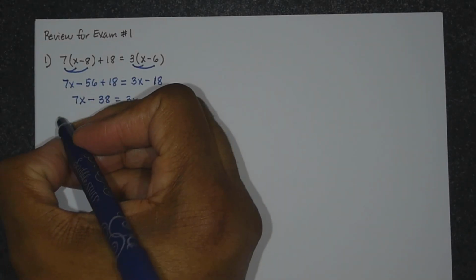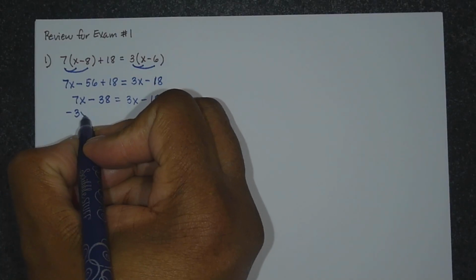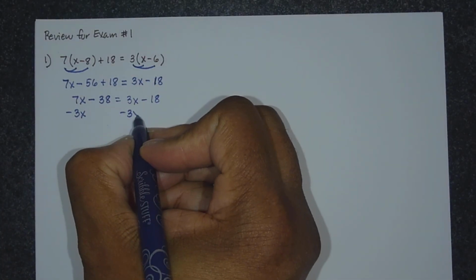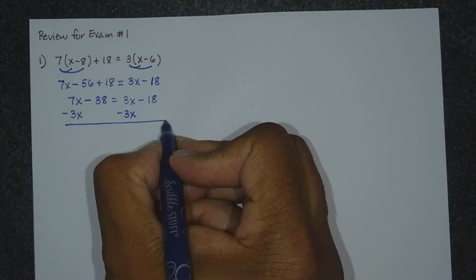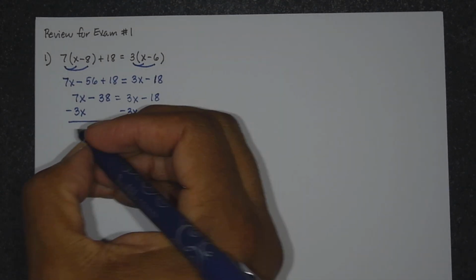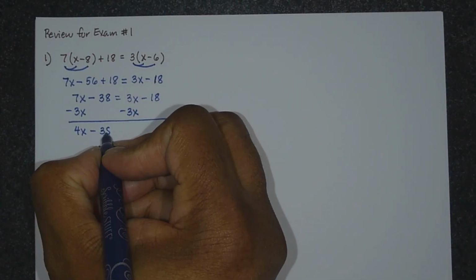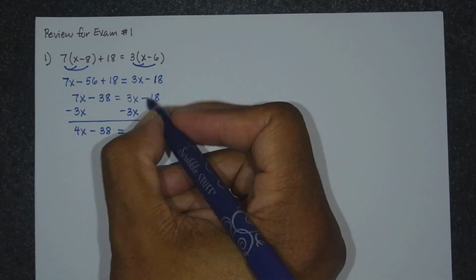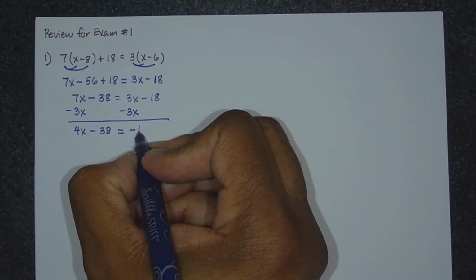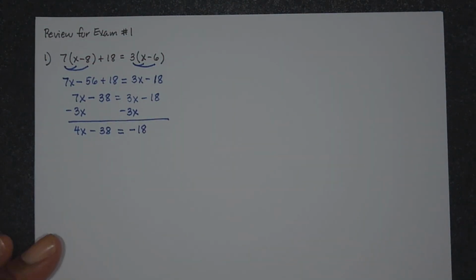So I'm going to subtract 3x on both sides. When I do that, 7x minus 3x gives me 4x minus 38, and that's equal to, and make sure that you do bring down the minus sign in front of the 18, so that'd be negative 18.